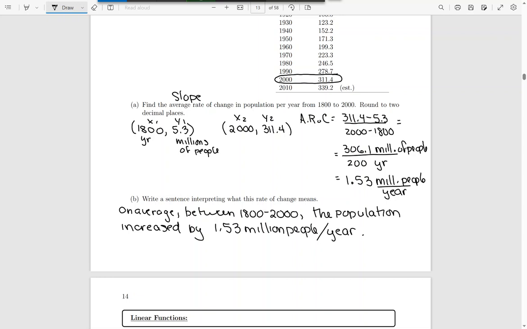Or each year, if you want to spell it out. So that means each year there was roughly an increase of 1.53 million extra people.